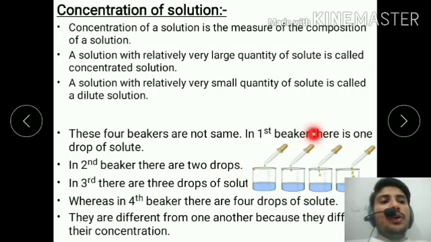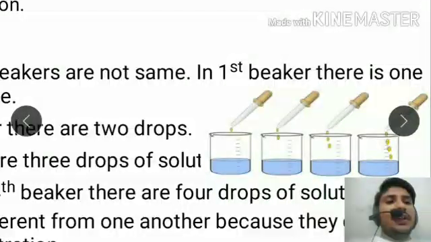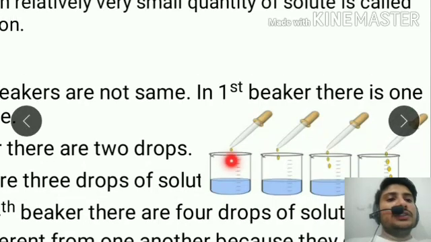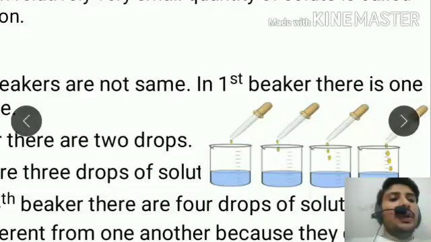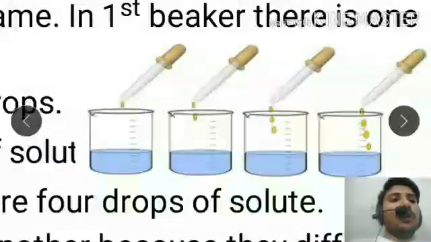There are four beakers. Each beaker contains some amount of solute. Beaker number first contains 1 drop of solute, beaker number second contains 2 drops of solute, beaker number third contains 3 drops of solute, and beaker number 4 contains 4 drops of solute.